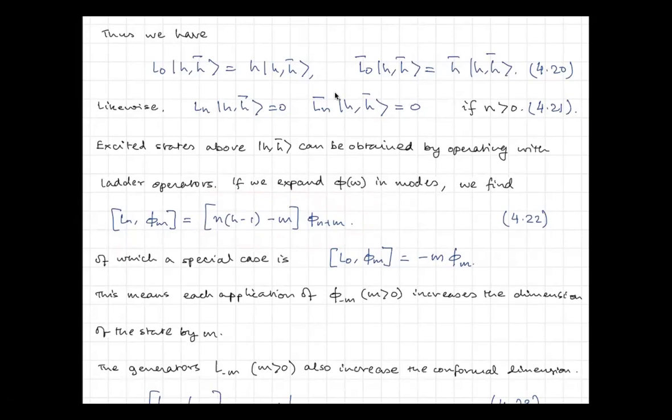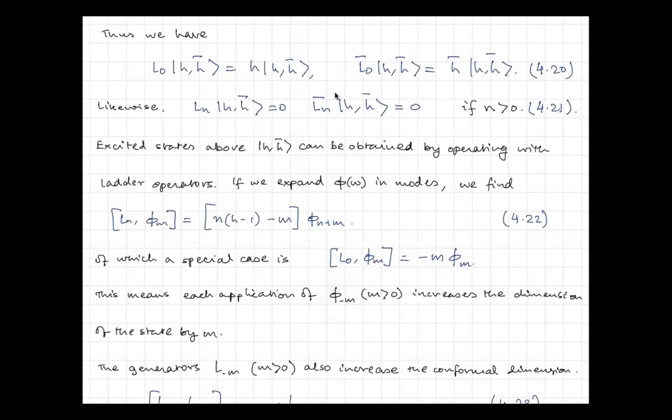So as a special case, if you're looking at L naught, then you'll see that the weight will decrease. Okay, so this weight is minus of something. So it means that with each application of phi minus m, for example, the dimension of this state is going to increase by m.